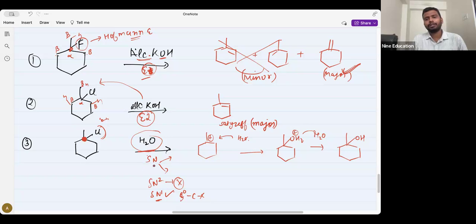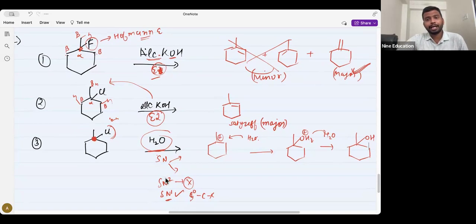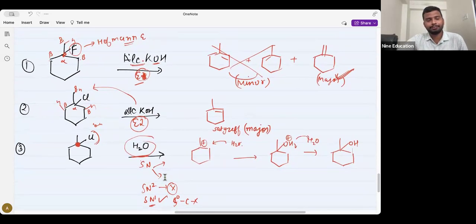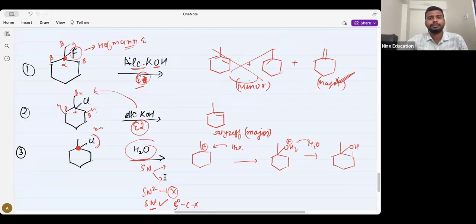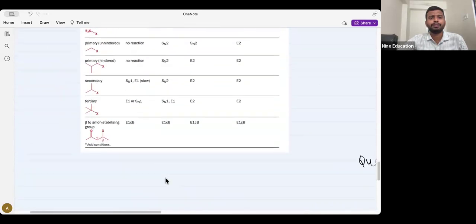Out of SN, you have to see whether it should go SN1 or SN2. 1 degree will always go for SN2. 3 degree will always make 3 degree carbocation, more stable. है ना। These all we will learn today. किसमें क्या होता है, किसमें SN1 कराना है, किसमें SN2 कराना है, सब कुछ आज सिखा देते। Today only we will learn.